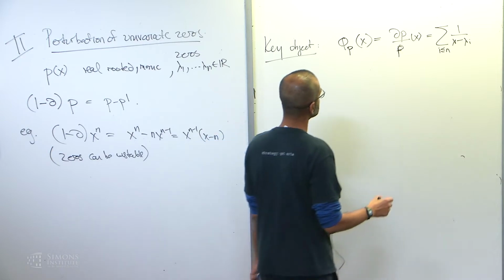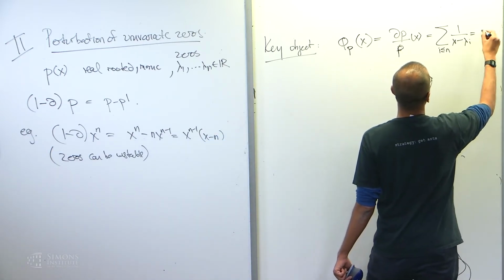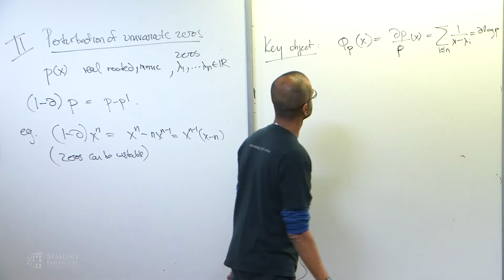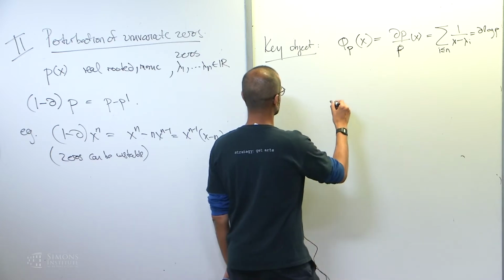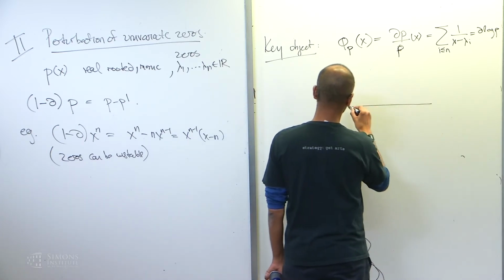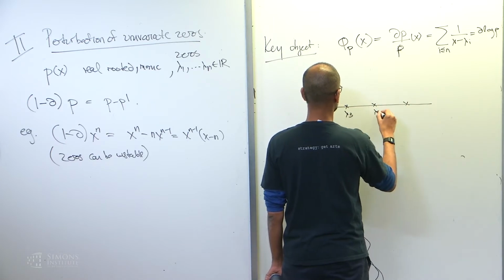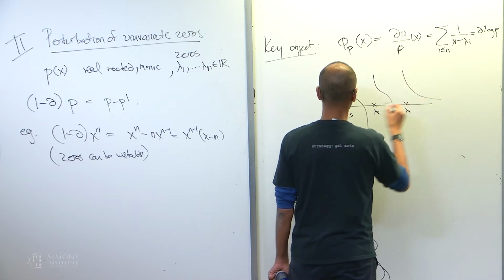And I mean, this is also just the derivative of log p. Okay, so what does this look like? Well, it's a rational function, as I mentioned, whose poles are at the zeros. So if the zeros look like this, then this is a rational function that looks like this.